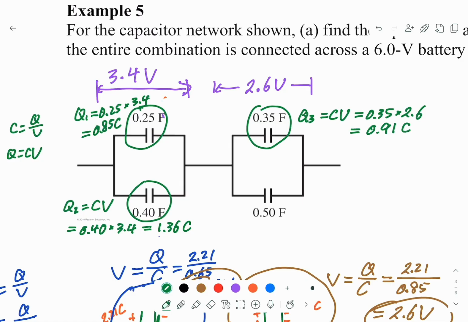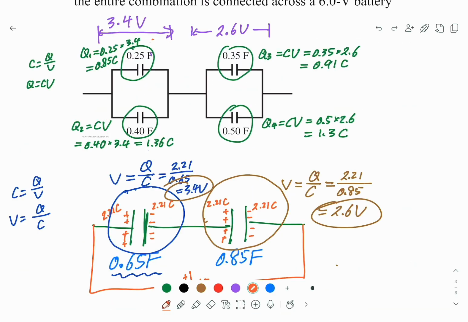Here, Q4 is CV, C is 0.5. The voltage, remember, is 2.6, so 1.3 coulomb. Now, if we add Q1 and Q2, we'll find 2.21.